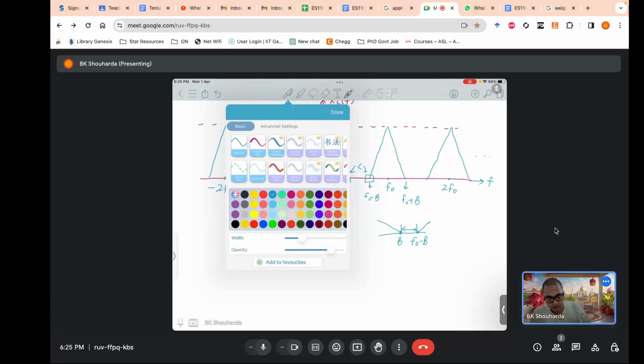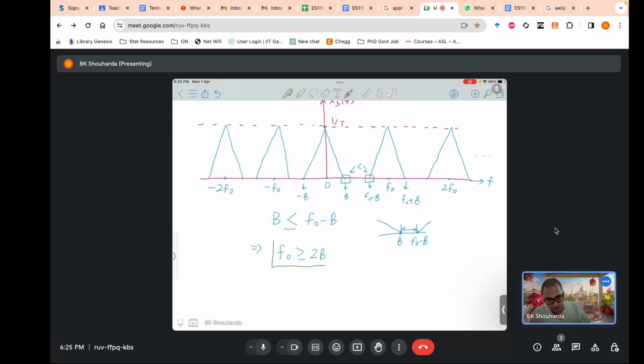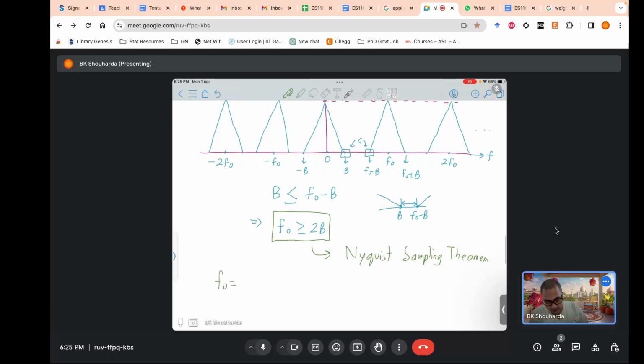This is the Nyquist sampling theorem. f naught is the sampling rate.